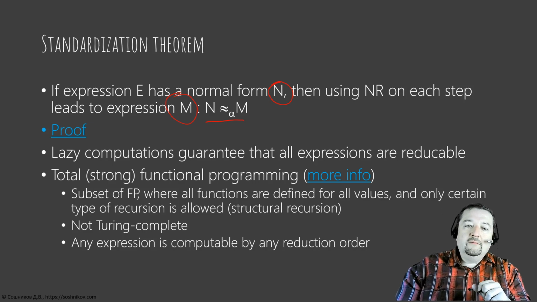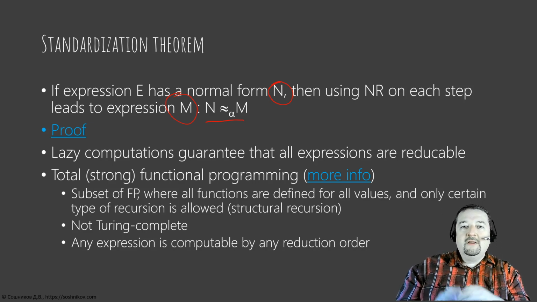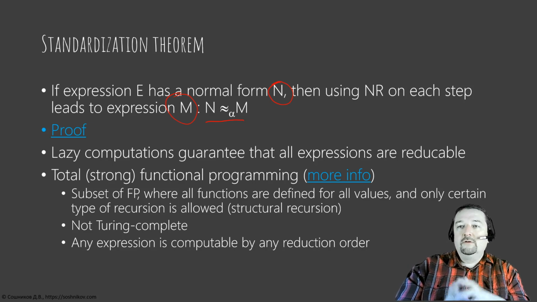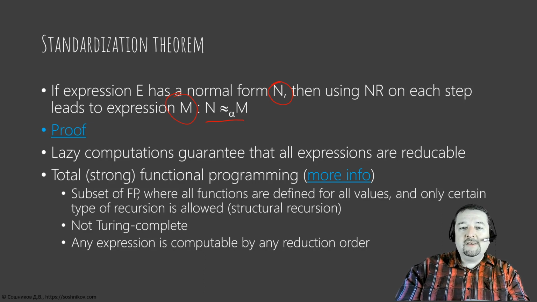To simplify this theorem, it means that if we use normal reduction steps, nothing will go wrong, and we will arrive at the result. If you want to dive further into the proof of this theorem, I have the link here on the slide. You can dive deeper and see how it's proved. So lazy computations guarantee that everything reducible is reduced.